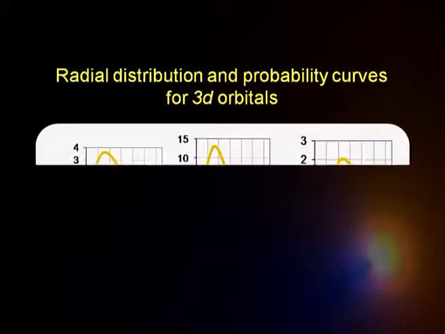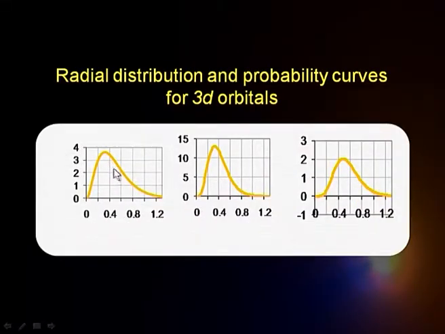Same exercise we can continue with the 3d orbitals again. So, here again this is R versus r, this is R square, this is my probability curve. So, this is my radial distribution curves, this is my probability distribution curve again. So, I can continue doing the similar kind of exercise. We find that radially speaking, all the orbitals happen to be spherical in shape, because if you look at radial distribution curves, each one of them will start with certain smaller value close to nucleus.